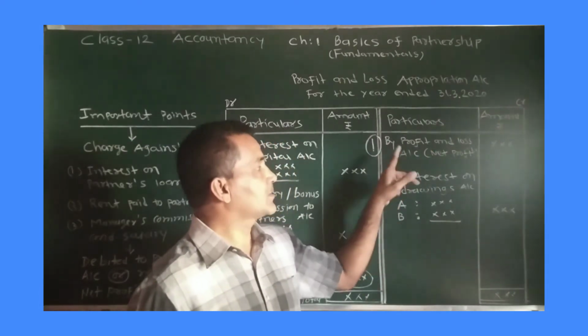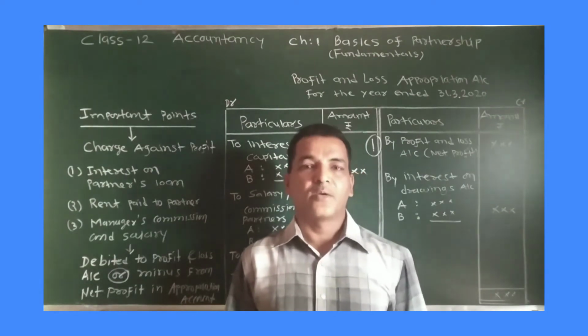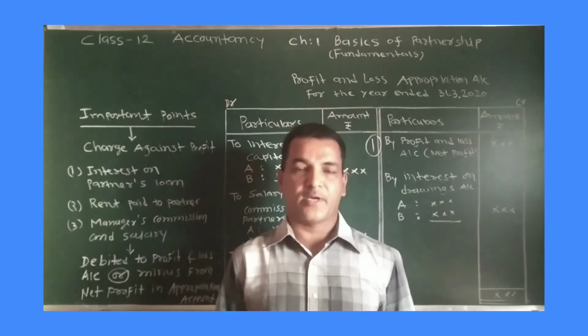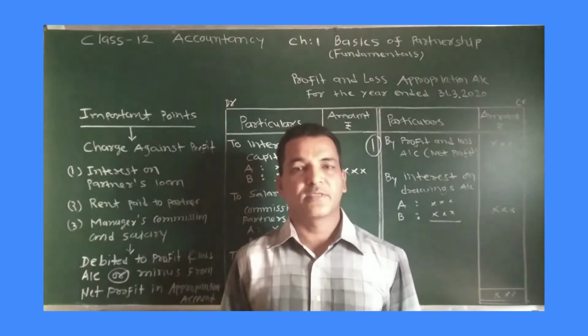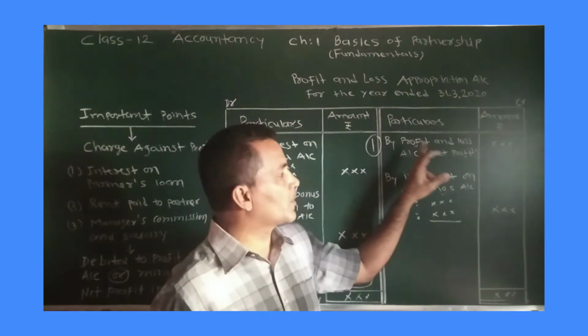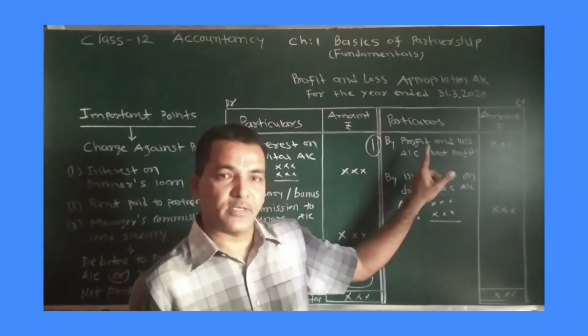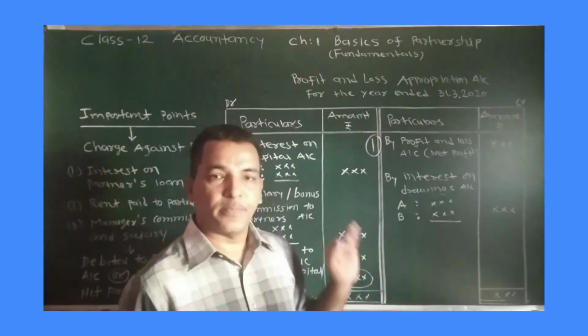So the journal entry for this first would be profit and loss account debit to profit and loss appropriation account. If entry is asked, you have to write profit and loss account debit to profit and loss appropriation account, because it is written on the credit side of appropriation account. So this is the first entry.